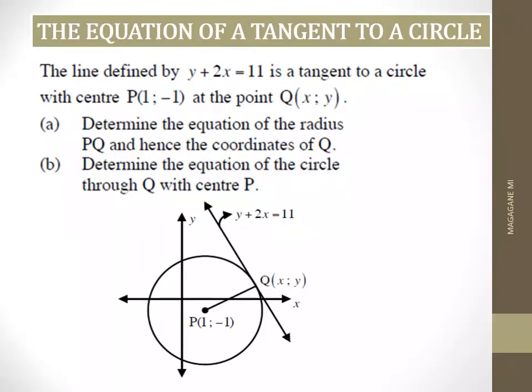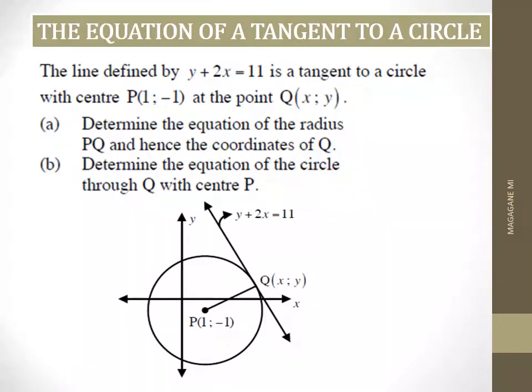Now, in the previous questions, we were given the equation of the second, and then we were asked to find the equation of the tangent. This time we are given the equation of the tangent, so we should calculate the equation of the radius. Previously, we were using the gradient of the radius to find the gradient of the tangent. So we'll do the same thing in reverse.